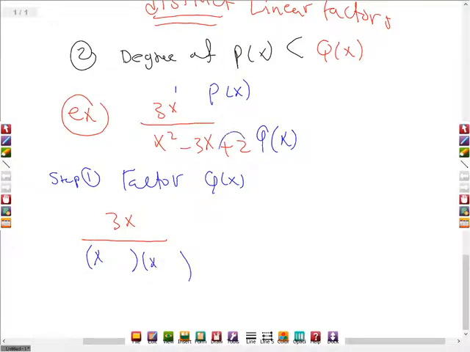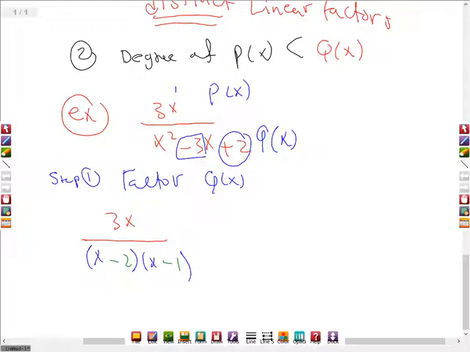You need two numbers that multiply to 2 and add up to negative 3, which are negative 2 and negative 1. If you multiply negative 2 times negative 1, it gives you plus 2. If you add them, you get negative 3.